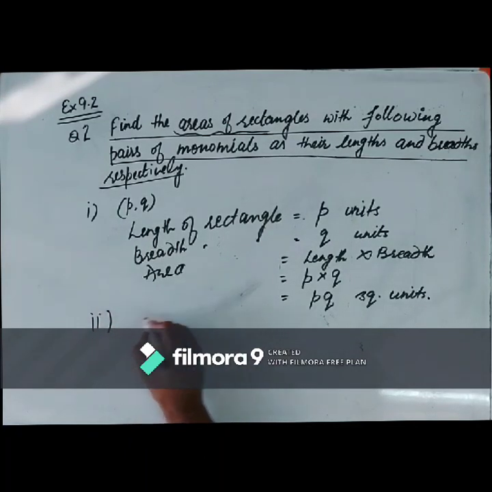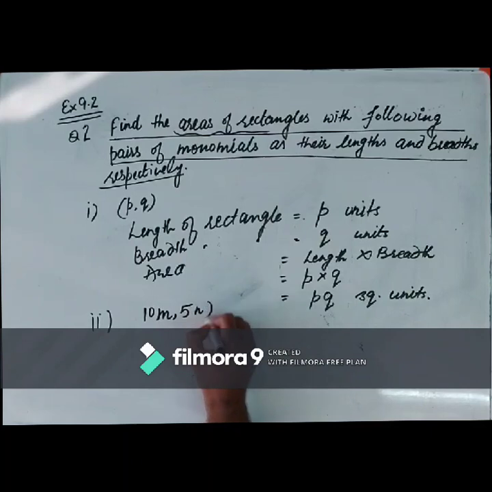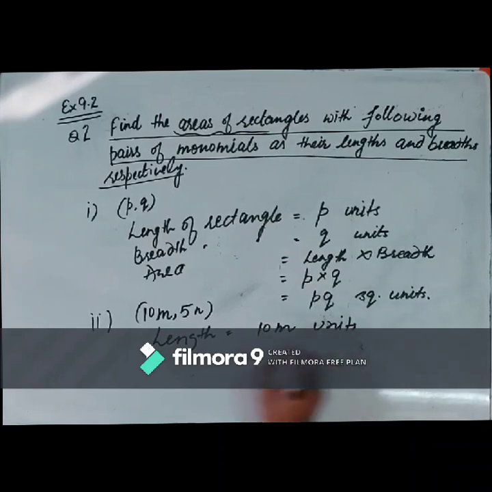Second part is 10m, 5n. So here length is equal to 10m units, and breadth is 5mn units, then area is equal to 10m multiply 5n.